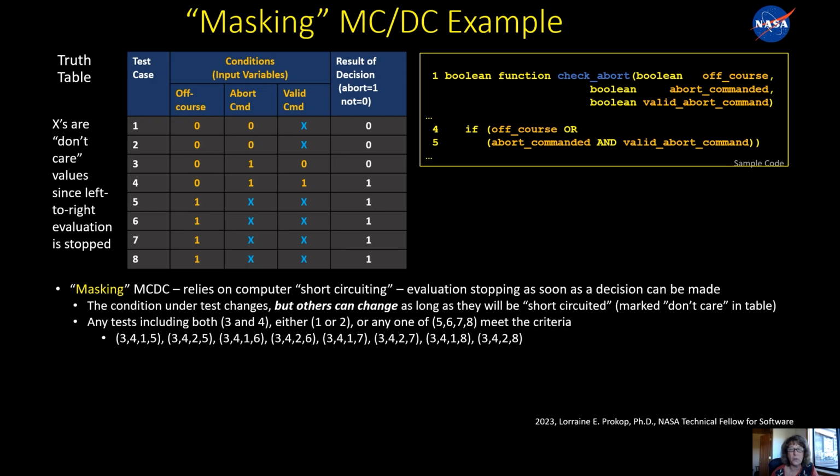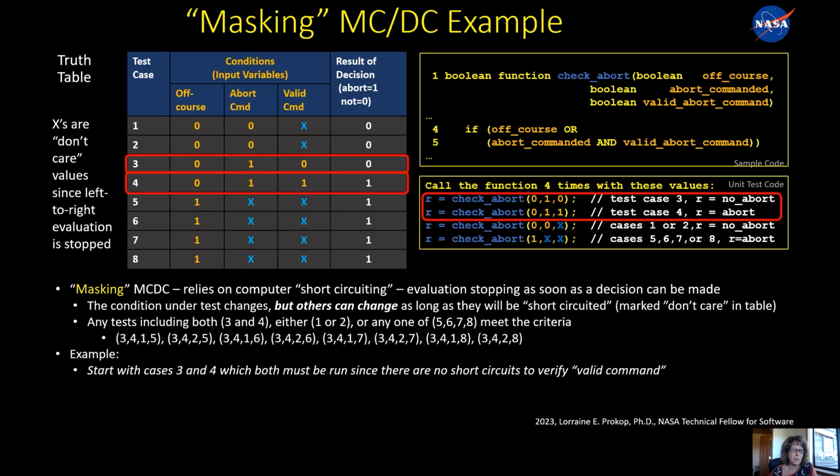Any combination of these will fulfill the MCDC requirement. By way of example, let's start in the reverse direction, with the elements in the table that don't have any don't care variables. You have to run tests 3 and 4 because there are no don't cares. You run those two tests first and validate that the flag is working properly. You get no abort, and then an abort for test case 4.